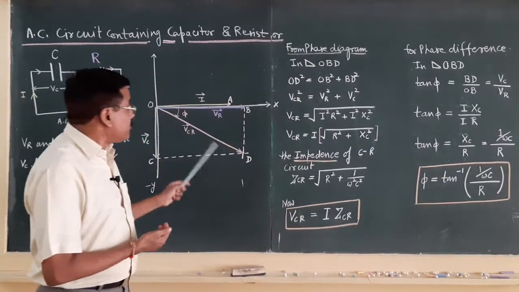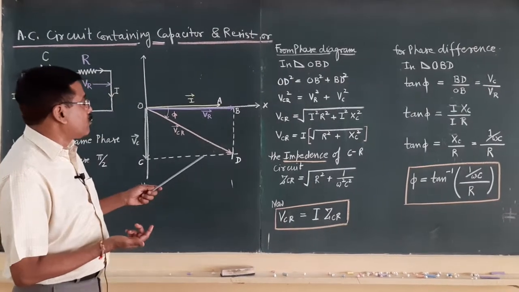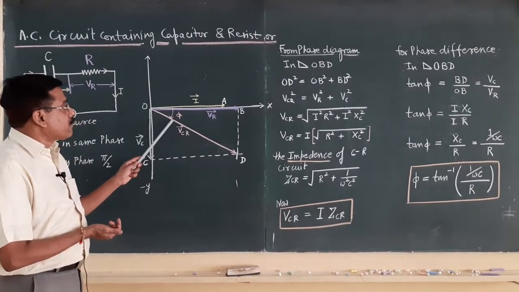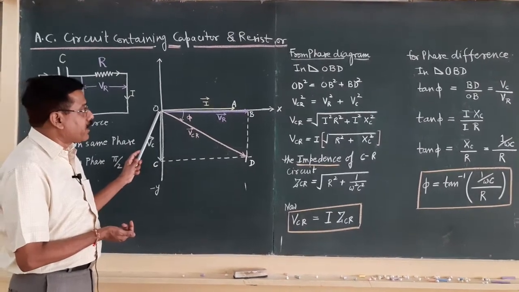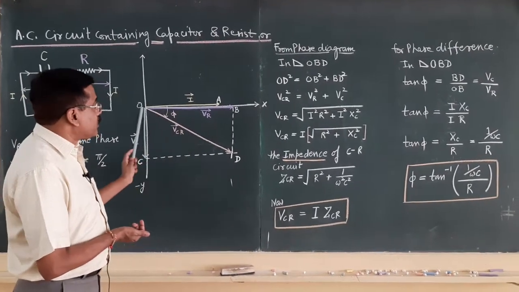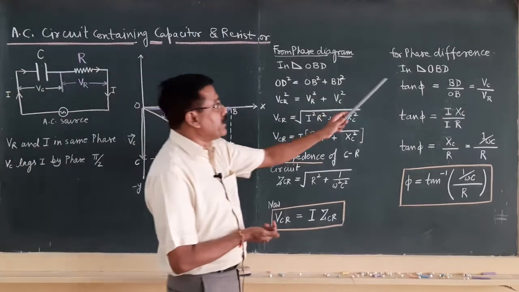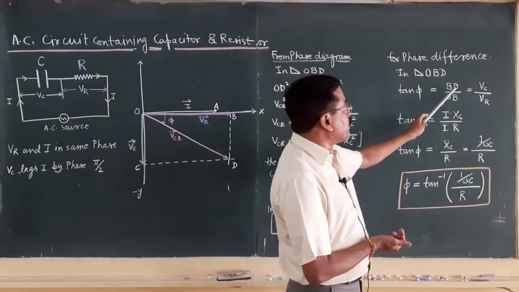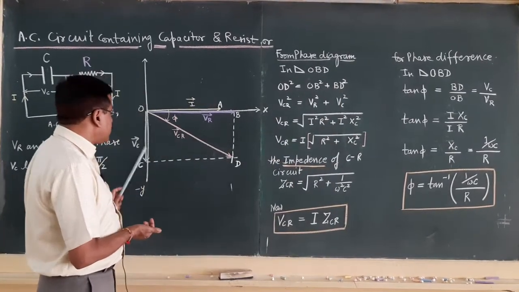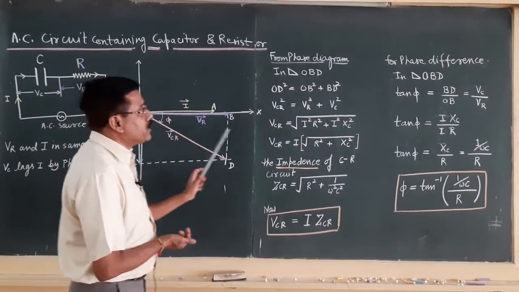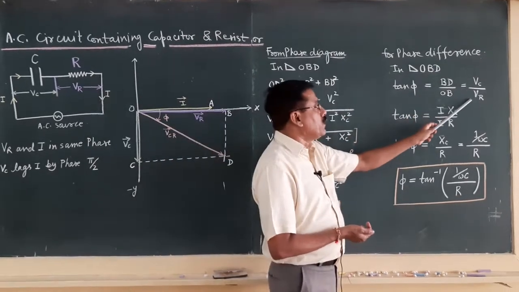From the same phase diagram, to find the expression for the phase difference, we will use the same triangle OBD. In right angle triangle OBD, tan phi is equal to BD upon OB, where BD is Vc and OB is VR, so tan phi is Vc by VR.